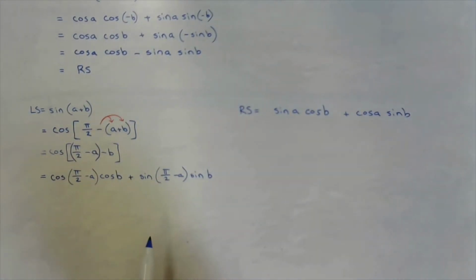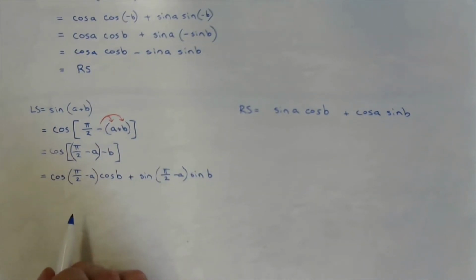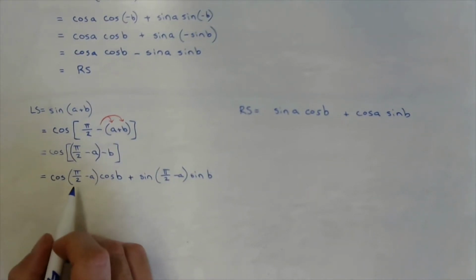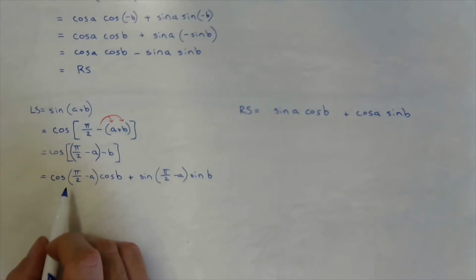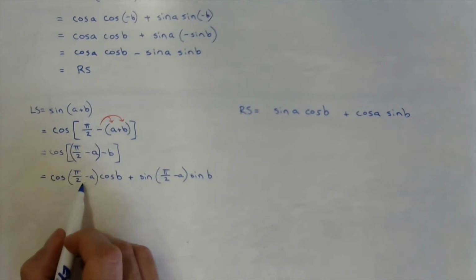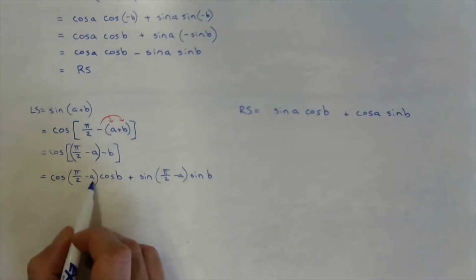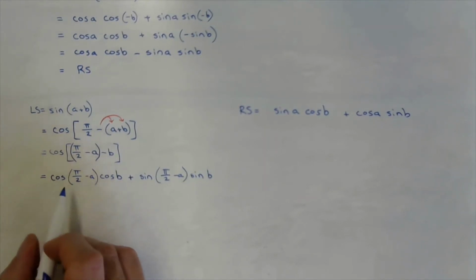And now we can go back and use our correlated formula that you see on your magic sheet, where you have the angle pi over 2 minus A. So these are the correlated angles.